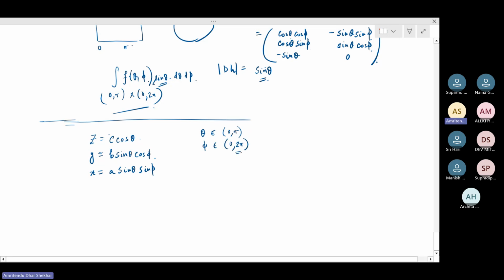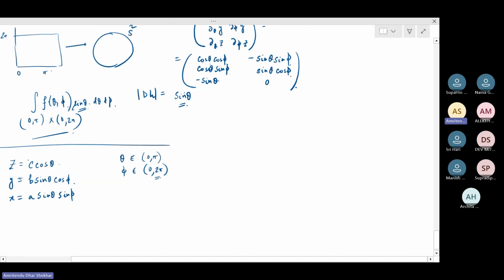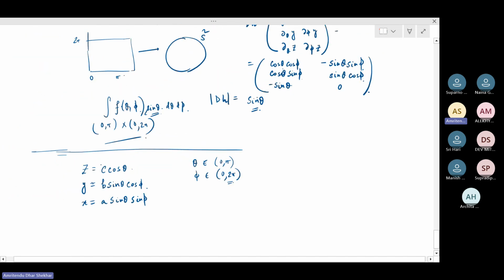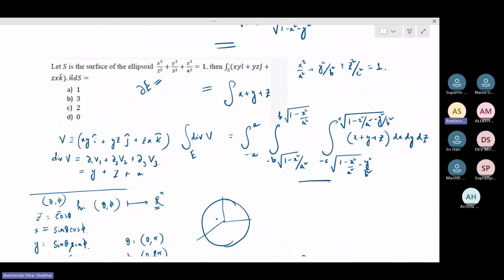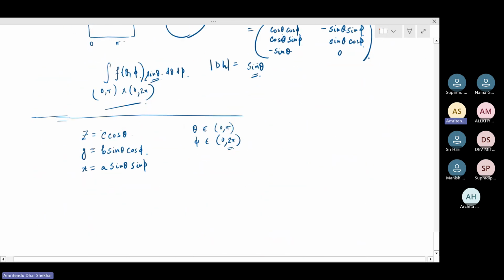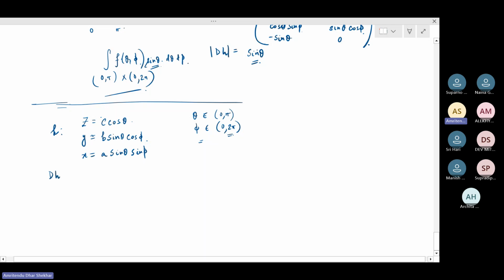Now, what I'll urge you to do is, instead of doing this volume integral, directly try to solve for this component with respect to the surface integral. I told you how to write the surface integral. So you have this map, let's call it H. You write dH, which is the Jacobian matrix. This is your first step.